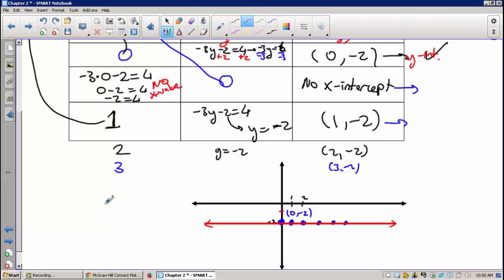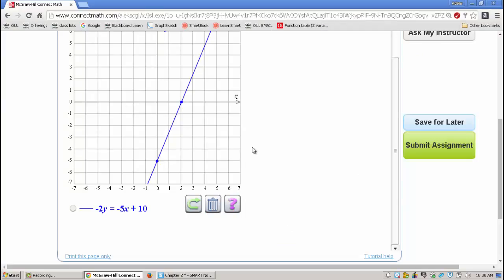Okay, you obtain a horizontal line, and as I promised, it has no x-intercept because it never touches the x-axis.